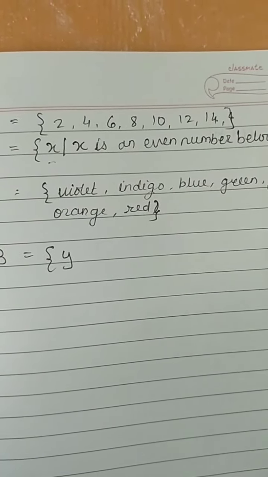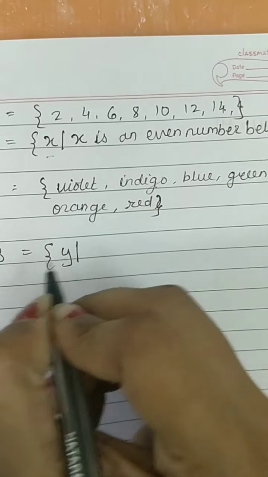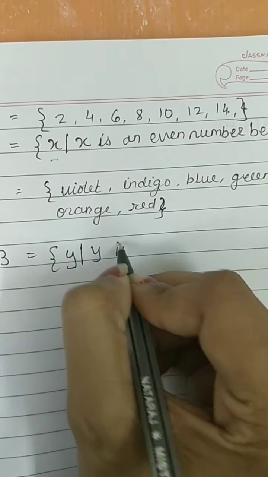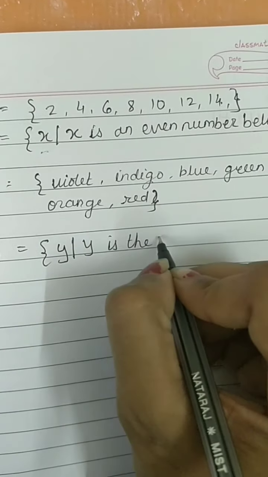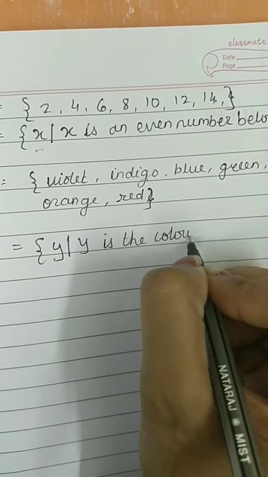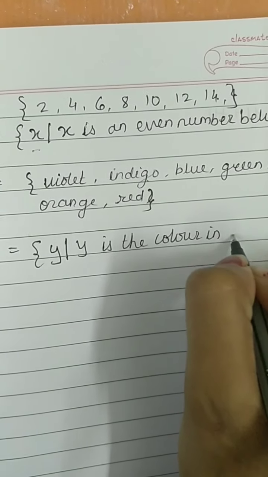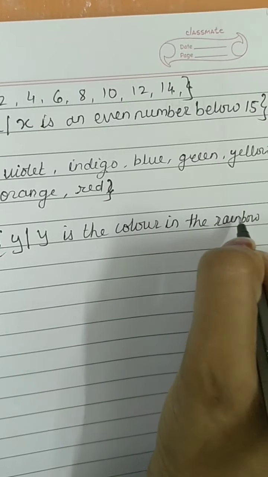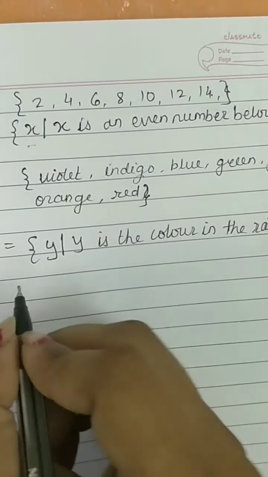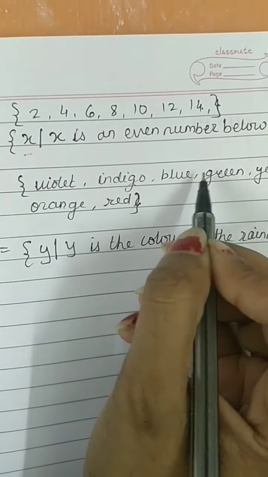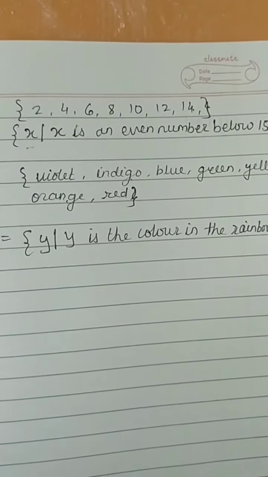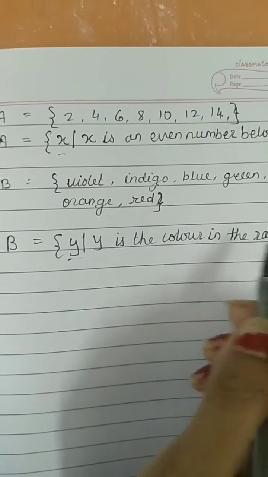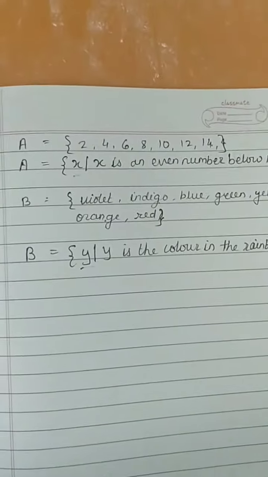So it is a set of all the y's such that this y is a color in the rainbow. That means see, 1, 2, 3, 4, 5, 6 and 7. There are only 7 colors. So 7 elements, and my condition is also satisfied with this writing.